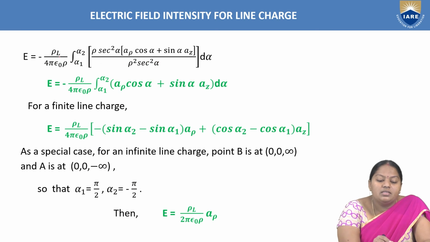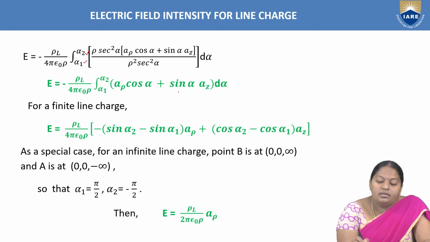Hence minus rho L by 4 pi epsilon naught rho integral L, where we define the limits from alpha 1 to alpha 2, rho secant square alpha a rho cos alpha plus sin alpha az by rho square secant square alpha d alpha. If you simplify the entire thing, it is a rho cos alpha plus sin alpha az d alpha.